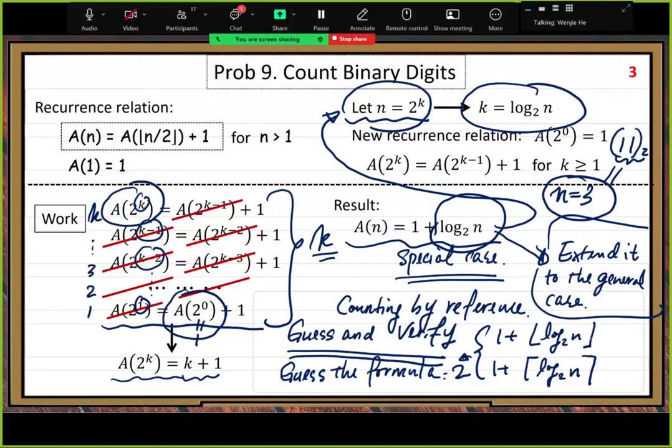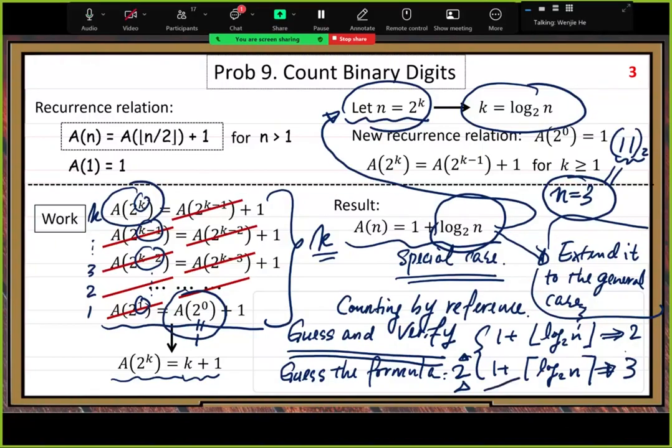For the floor function case, log base 2 of 3 is 1 point something, and the floor gives us 1, so 1 plus 1 gives 2. For the ceiling function, we round it up. Log base 2 of 3 is 1 point something, more than 1, so rounding it up gives 2, and 1 plus 2 gives 3. But we know the correct answer should be 2.